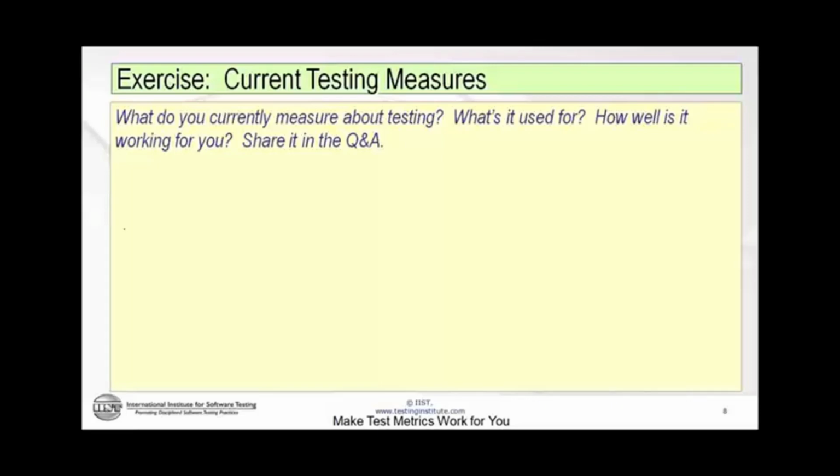Another one, bugs reported by users versus bugs reported by the QA team. Okay. Good. So we've got a wide variety there.